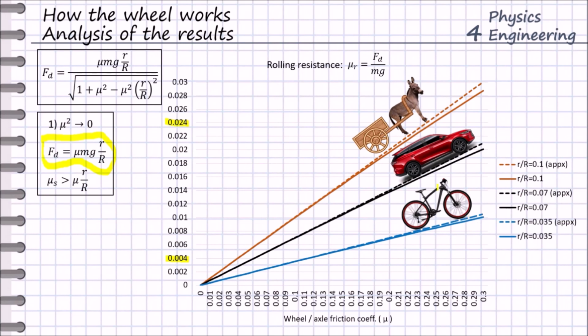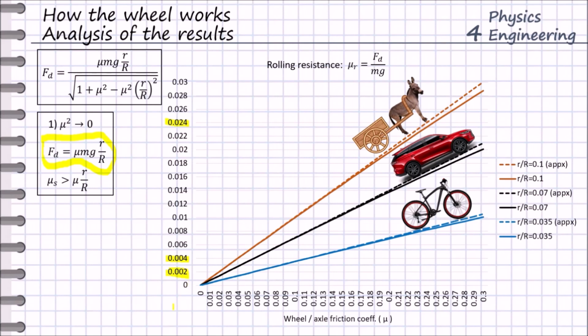And the winner is the bicycle, of course, because it has the lowest ratio of the vehicle geometry between the shaft radius and the wheel radius. And considering also the low friction coefficient for the bearing, we can calculate that the rolling resistance will be the minimum, like 2 thousandths or even less.